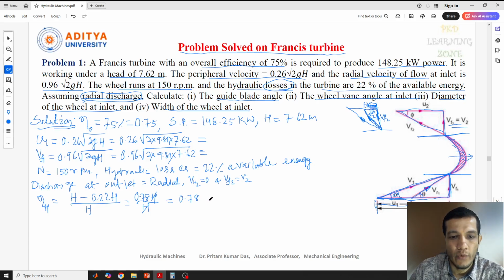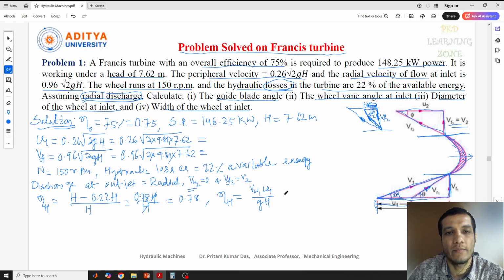We know the formula of hydraulic efficiency equals VW1 U1 by gH. We can write this when VW2 is 0. If VW2 is there, then we need to also multiply by VW2 into U2. So this is 0.78.